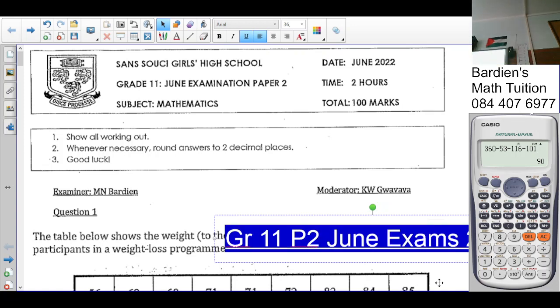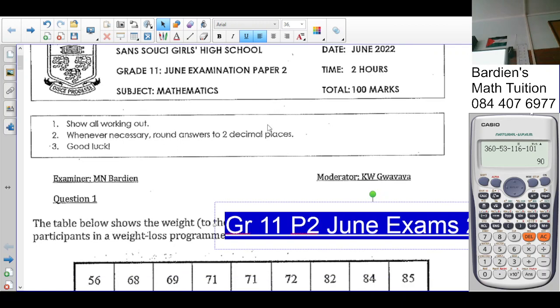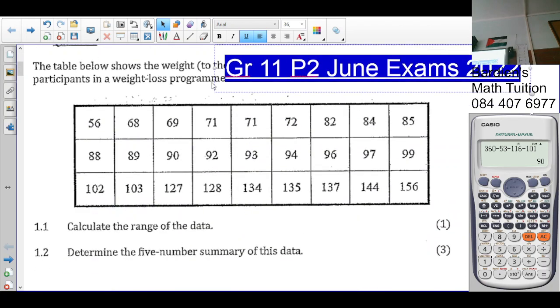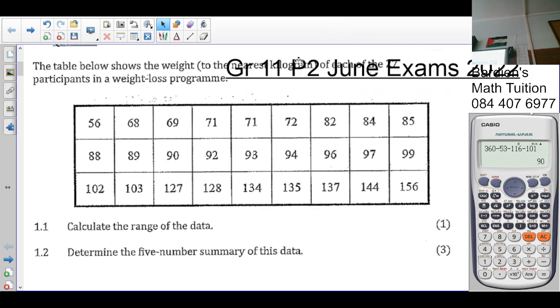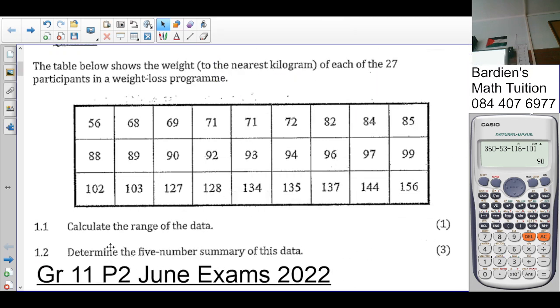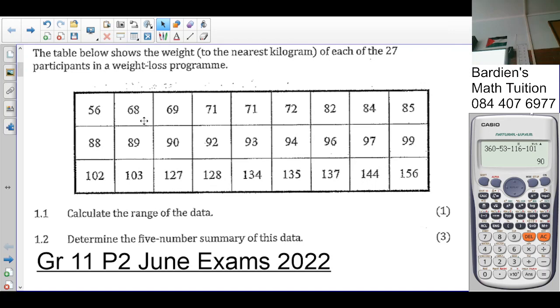It was a 2-hour paper, 400 marks. Looking at question 1, we are told the table below shows the weight to the nearest kilogram of each of the 27 participants in the weight loss program. The question is: calculate the range of the data.